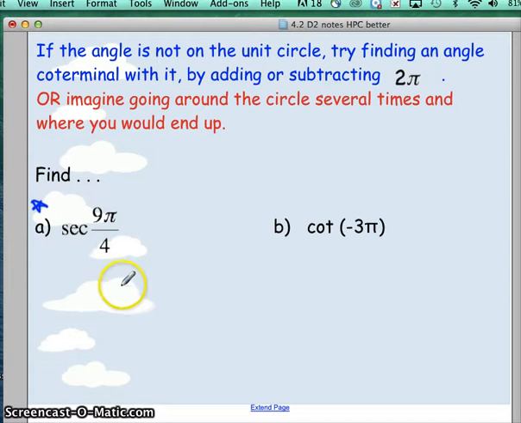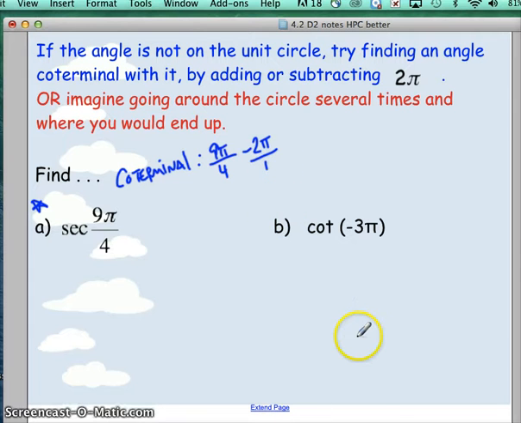We're going to find secant of 9 pi over 4. Well, first of all, 9 pi over 4 is not on the unit circle. So let's find a coterminal angle that is. Okay, 9 pi over 4 is more than 1 time around the circle. So we're going to go backwards and subtract 2 pi, which is technically 2 pi over 1, which means we need a common denominator.